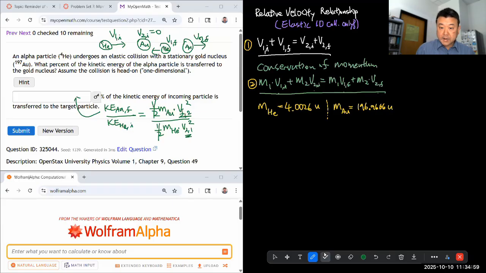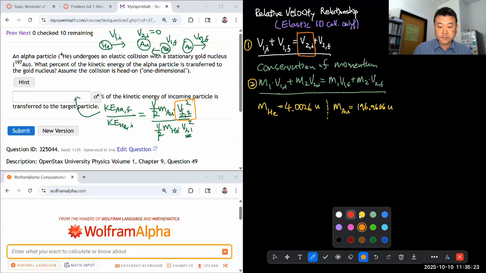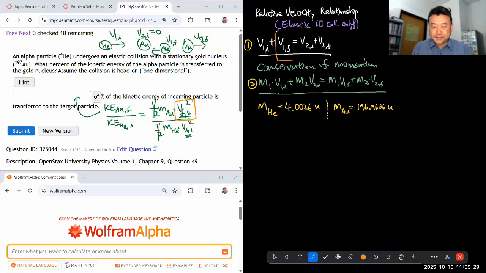So our first goal right now is to solve for V2 final, and that counterintuitively means I'm actually going to solve for V1 final first, because I'm going to eliminate it from my system of two beautiful linear equations. Sorry, what I'm solving for is V1 final.